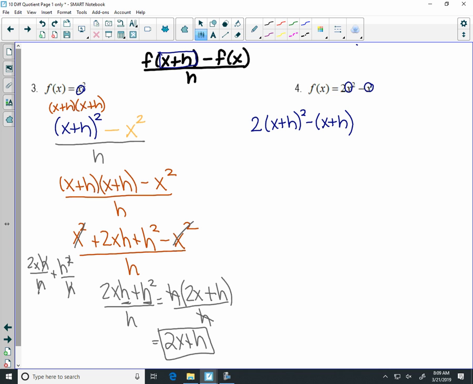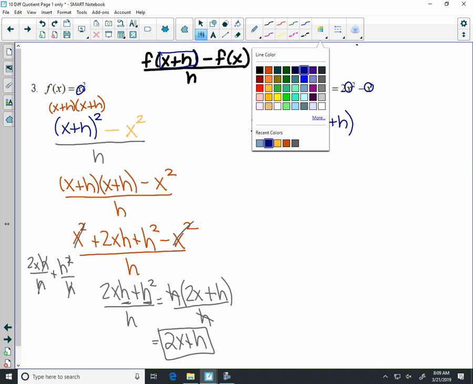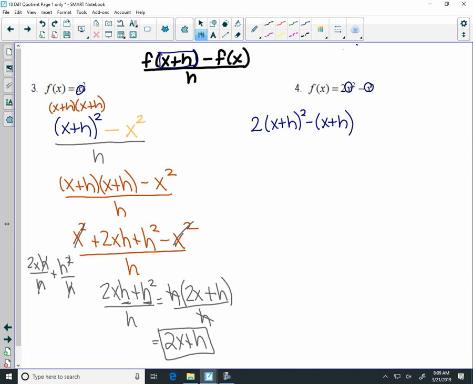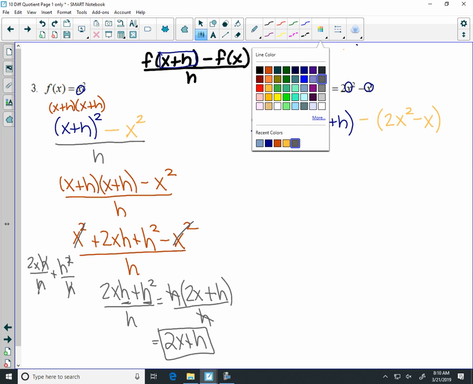That's my f of x plus h. Now my minus my f of x, it's going to look like that. And then all over h.